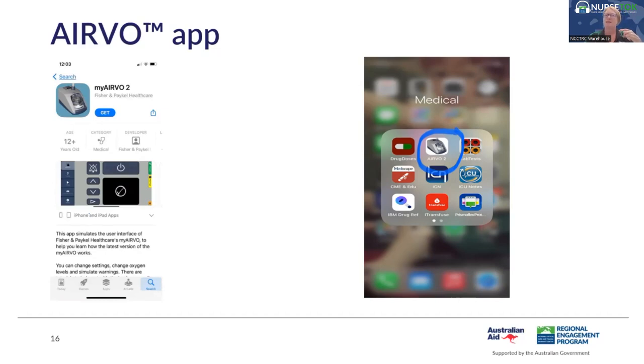So I think what may help answer this question better is with your ICU there, maybe get someone to download this AVO app and try practicing adjusting your flow and your oxygen to see how much you can actually deliver. Does that make sense? I hope it does, it's quite difficult to explain on a PowerPoint. I think you either have a go with the app or maybe get your machine and have a play with the machine as well.